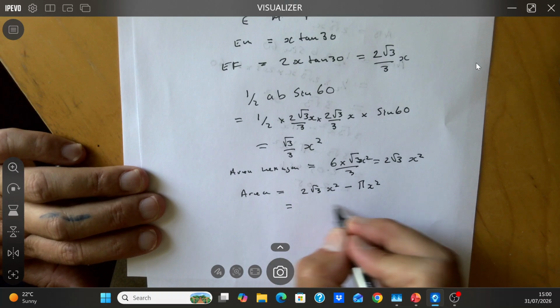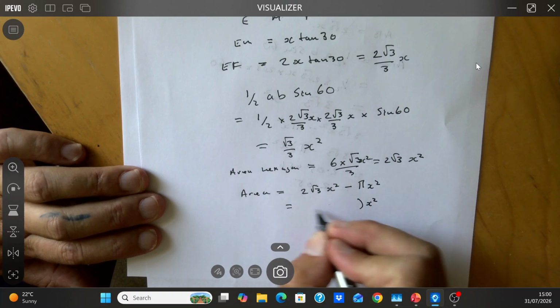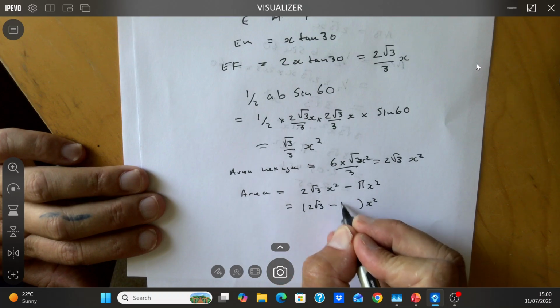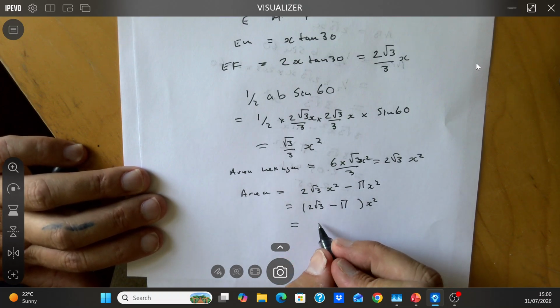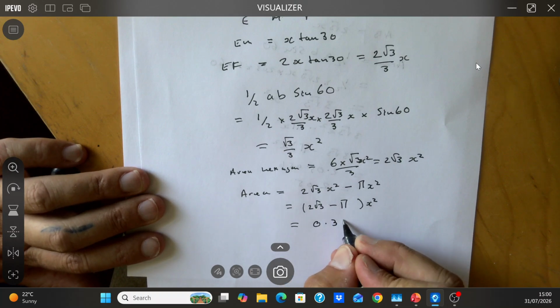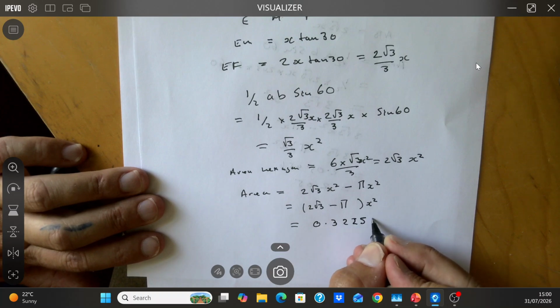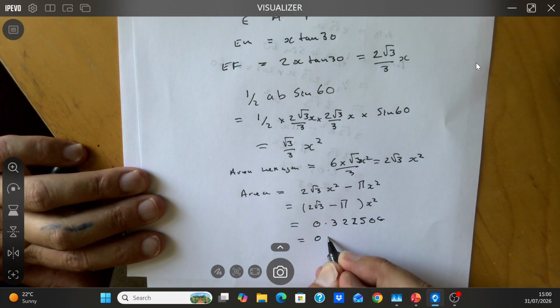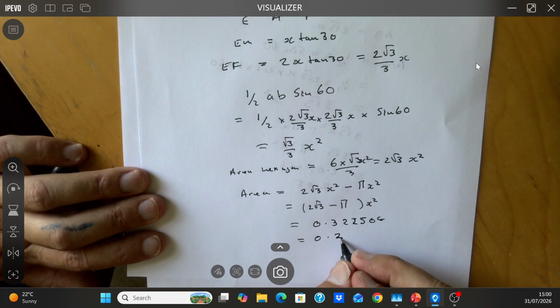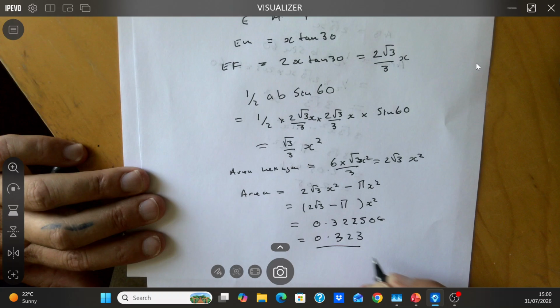How do you find out? What do you do with the x squared? Perfect. Put that in your calculator. That should have been your answer.